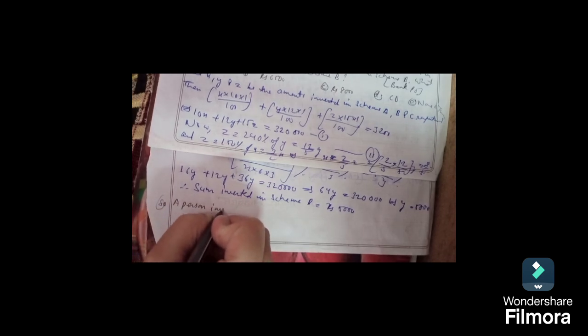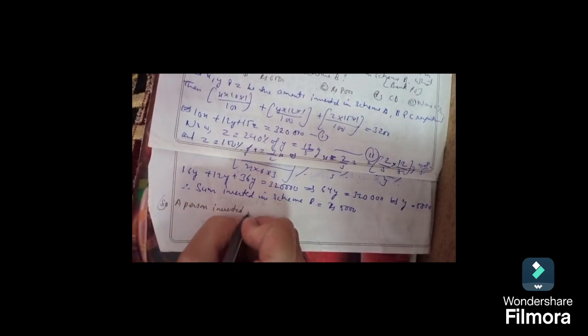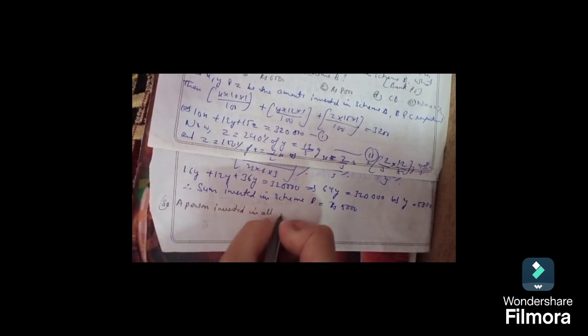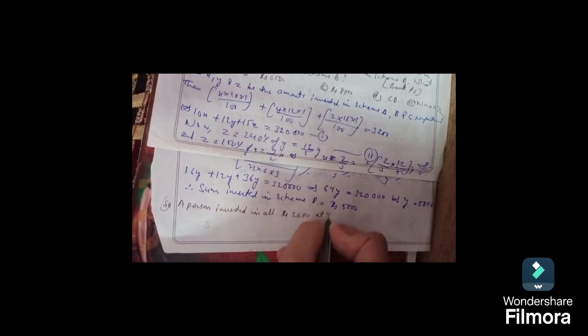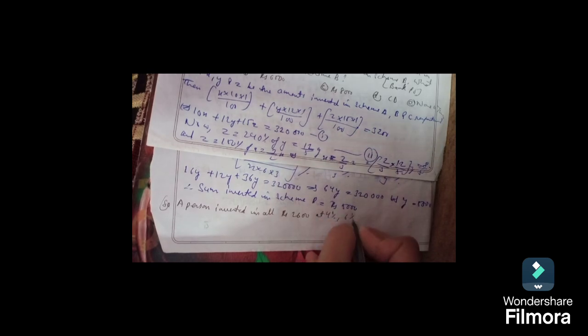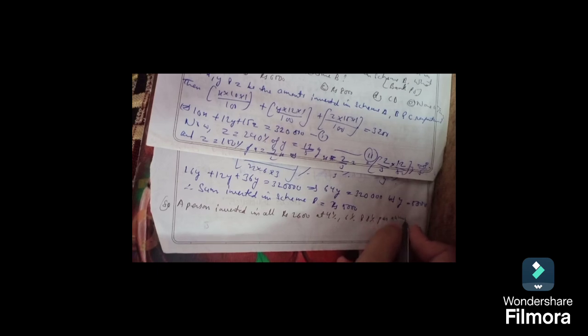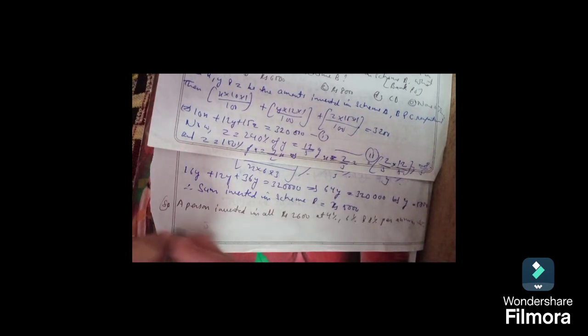A person invested in all 2,600 at 4%, 6% and 8% per annum simple interest.